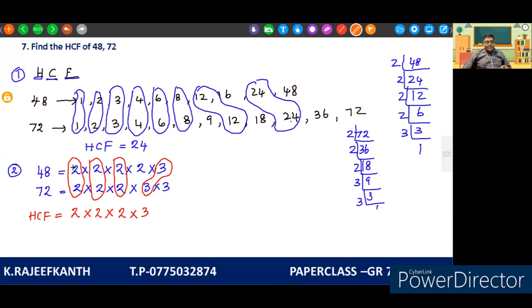These are common for 48 and 72. Then if we multiply these 4 numbers, 2 into 2, 4, 4 into 2, 8, 8 into 3, 24. So in these two ways, we can find the highest common factor of 48 and 72, right? Then question number 8.